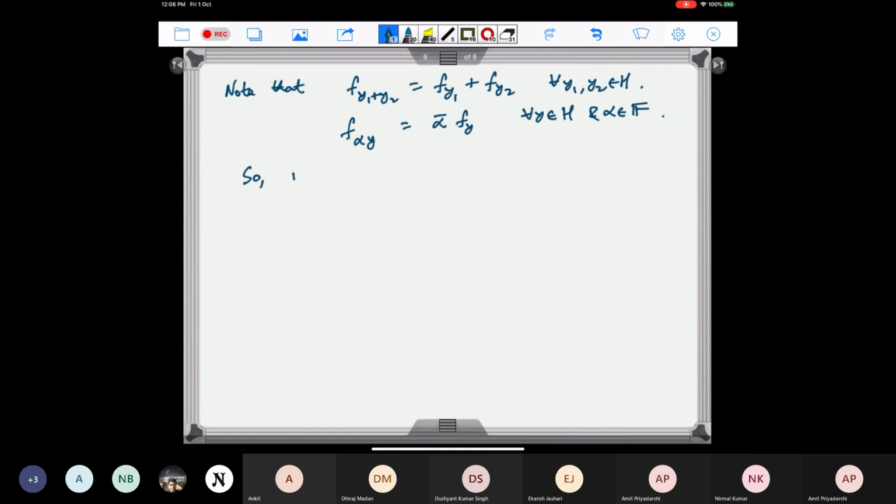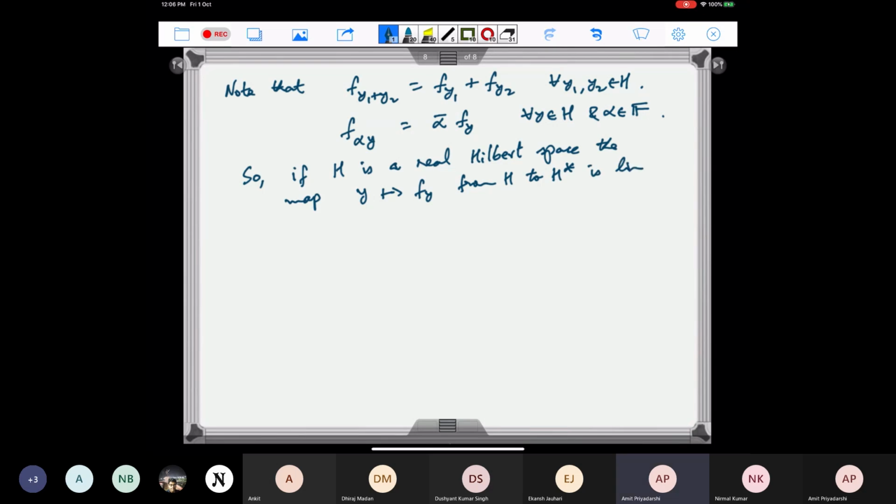So if H is a real Hilbert space, the map y going to f sub y from H to H star is linear, but for a complex Hilbert space, this map is conjugate linear.